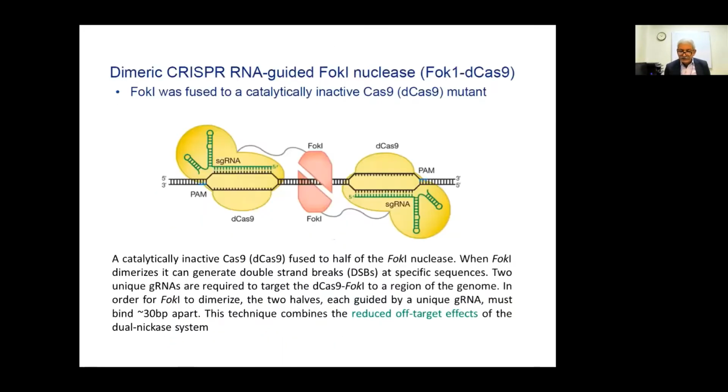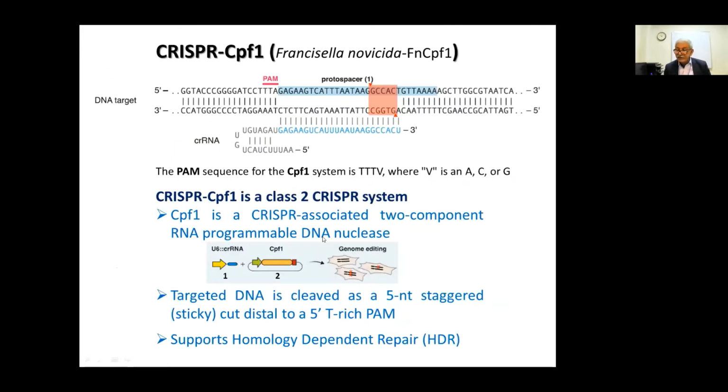Just like these systems, you can design 2 complexes of gRNA and CPF1 to generate 2 cuts, and then you can delete the DNA in between, okay, and insert the DNA there, which is either repaired or it is having a gene of your interest. So you can use either the CPF1 system or the Cas9 system. I was telling you the difference between the two.